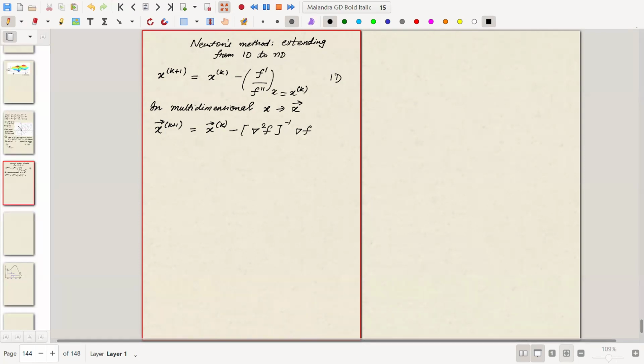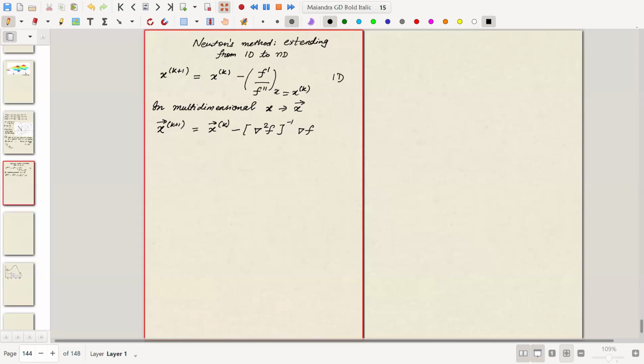Why? See, I replaced f prime with grad f divided by f double prime, that is grad squared f, the Hessian, and I took the inverse because it was in the denominator, so it shifted to the numerator. I should have written that it's evaluated at x_k.